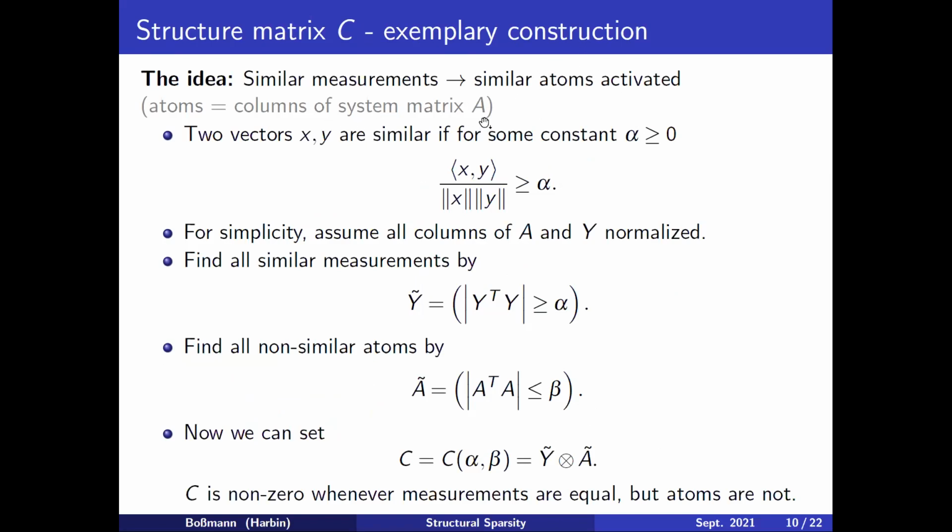In some literature, you see the term dictionary, that the system matrix is your dictionary with different dictionary entries. Sometimes it's referred to as atoms. It's just the columns of the system matrix. So basically the basis that you will use to make sparse linear combinations.